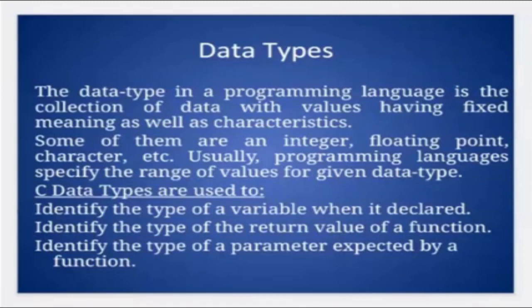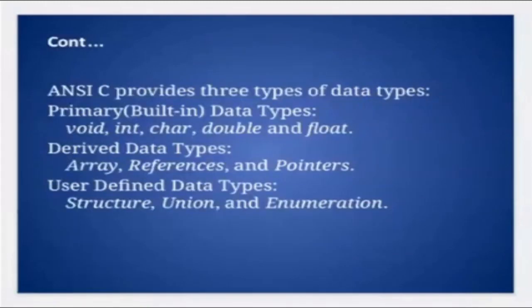It is also used to identify the type of return value of a function we define, and the type of parameters expected by a function. And in C, each data type has a range of values where the limitation is given by the language.